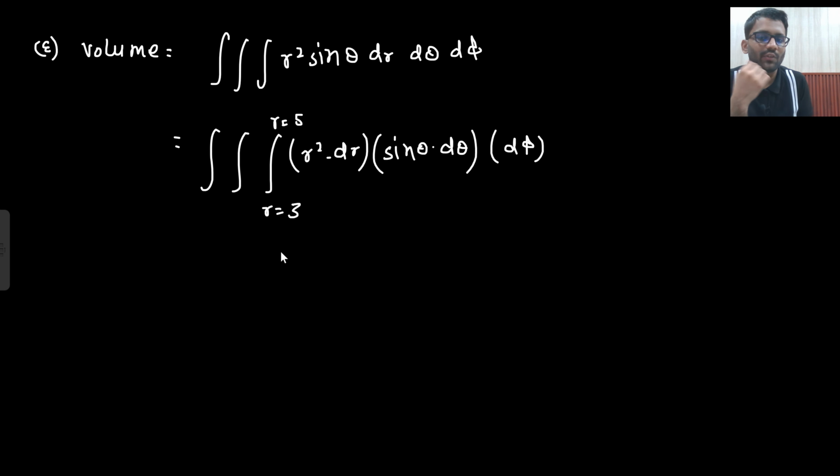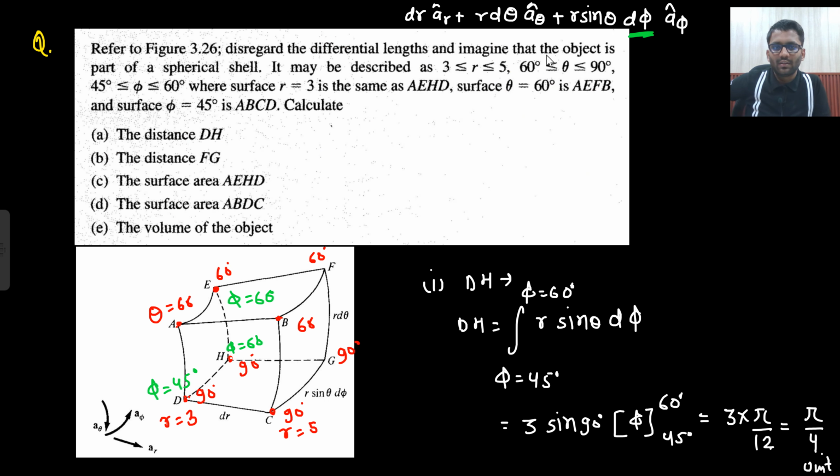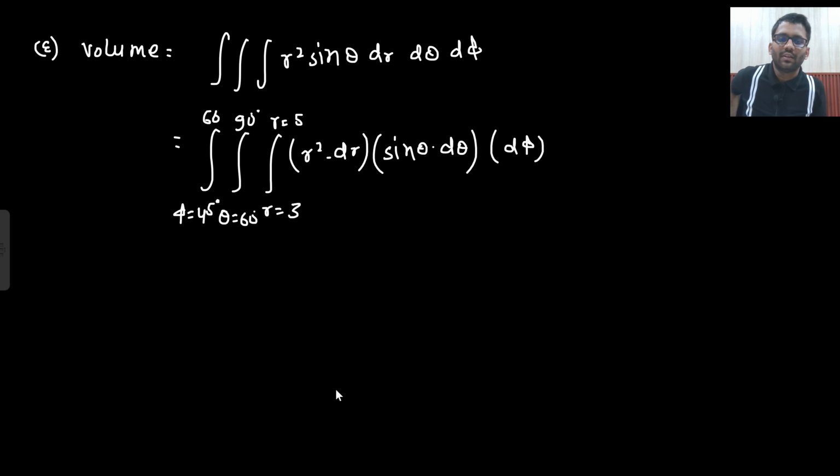So the value of r is going from 3 to 5, theta is going from 60 degree to 90 degree, and phi is going from 45 degree to 60 degree, right? Okay, fine. So let's write down the answer.